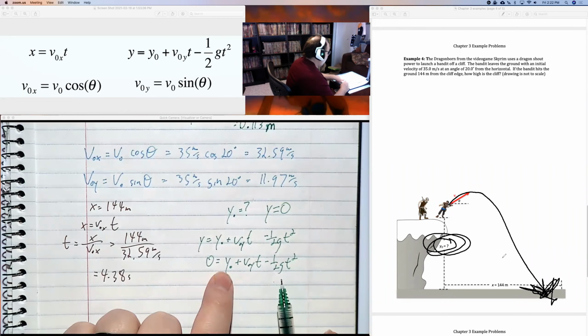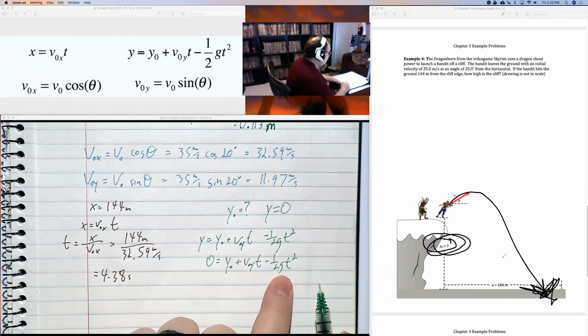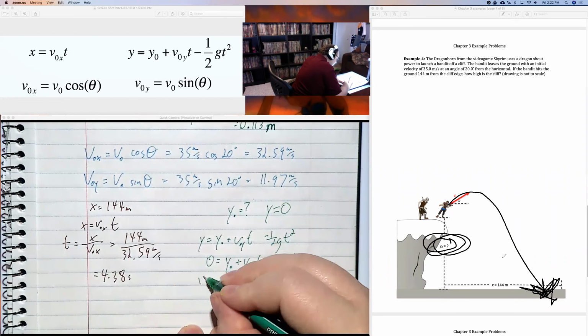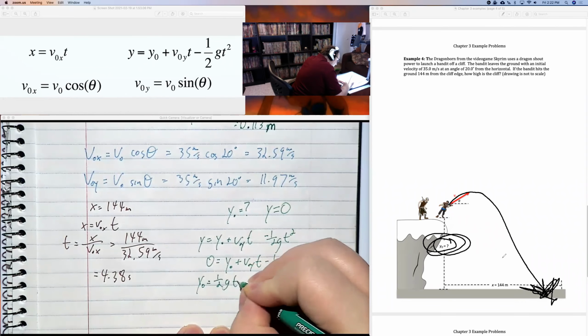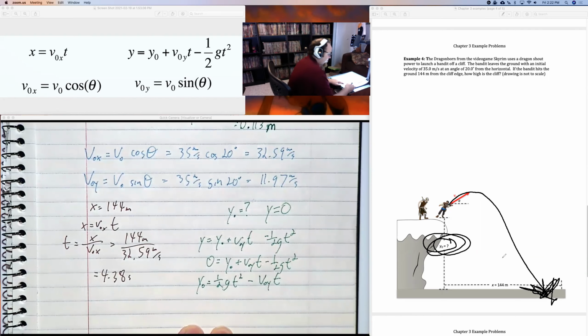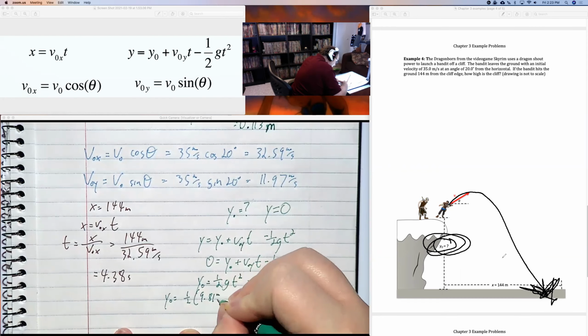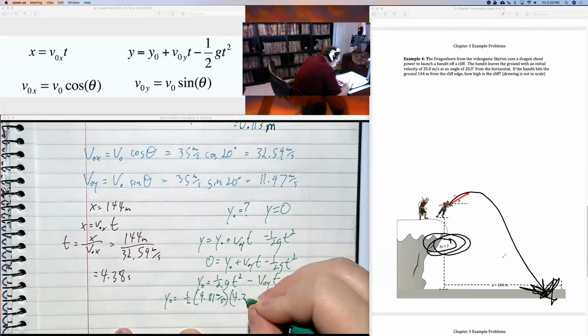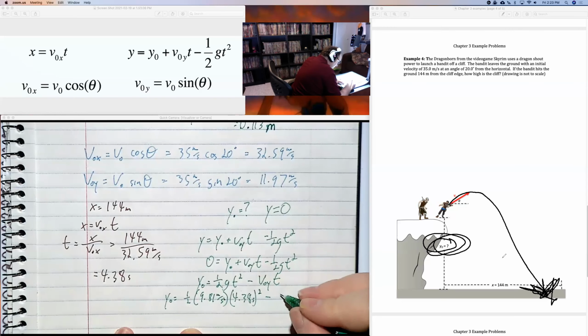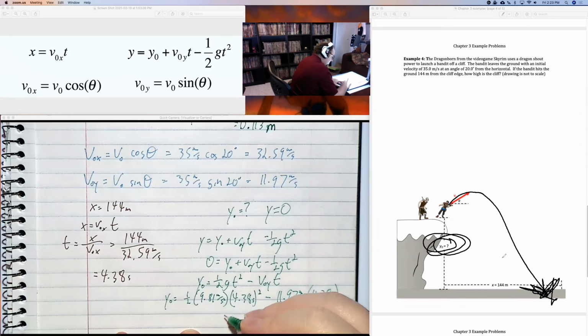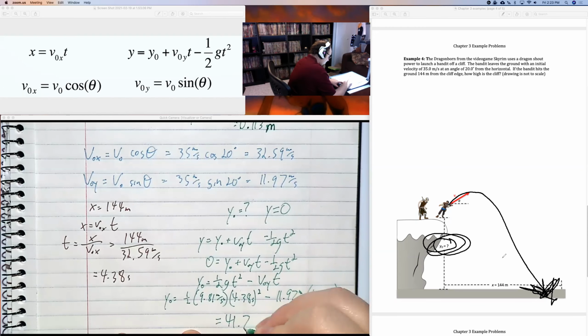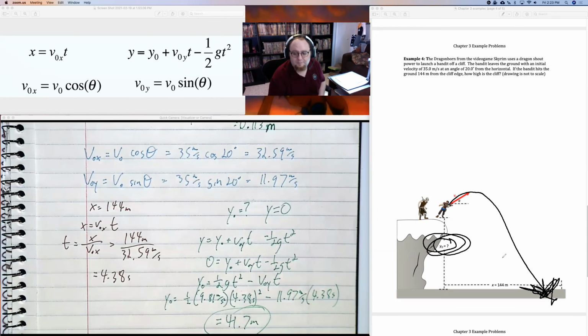If I want to solve for y naught, I'll add 1/2 g t squared to both sides and subtract v naught y t from both sides, and say y naught equals 1/2 g t squared minus v naught y t. The cliff is 41 meters high.